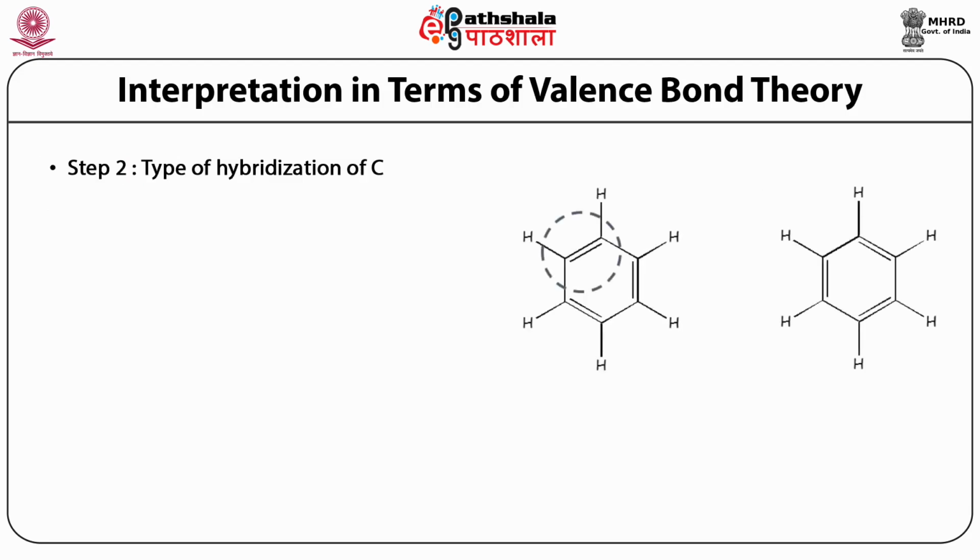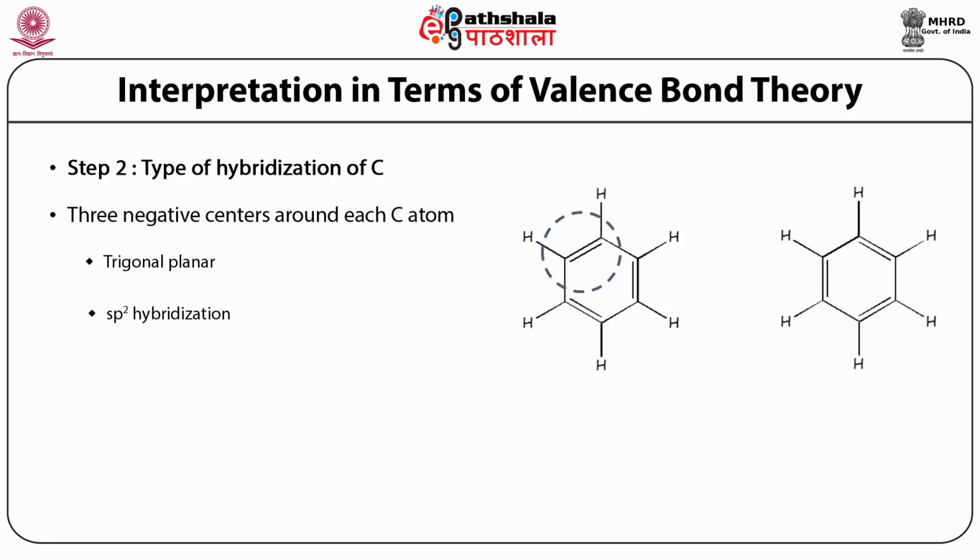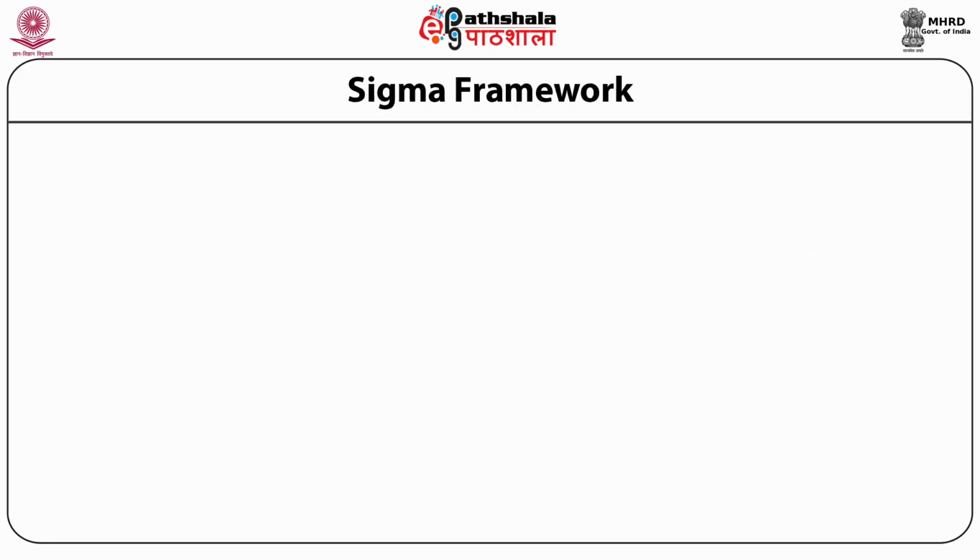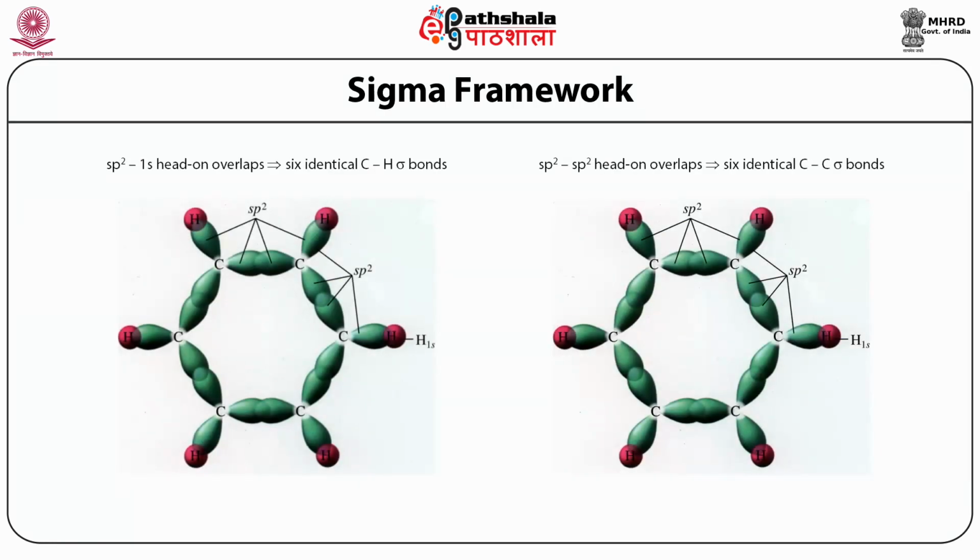In step 2, we determine the type of hybridization of carbon. There are 3 negative centers around each carbon atom, which are trigonal planar and exhibit sp2 hybridization. Now consider firstly the sigma framework.